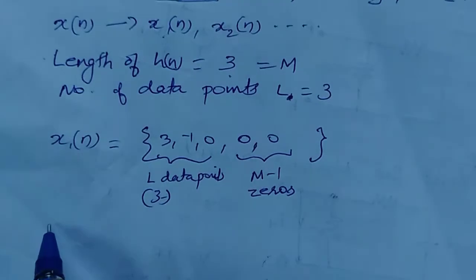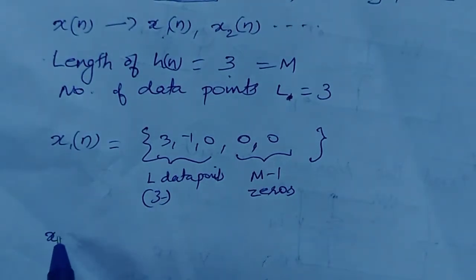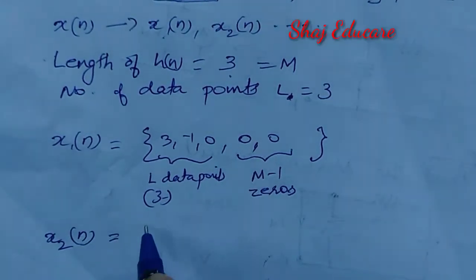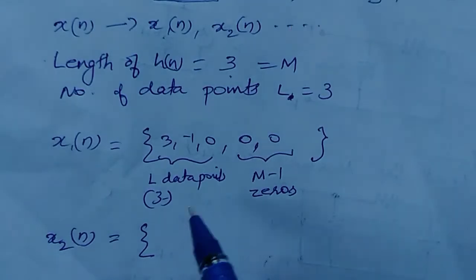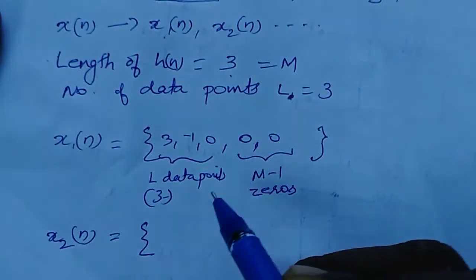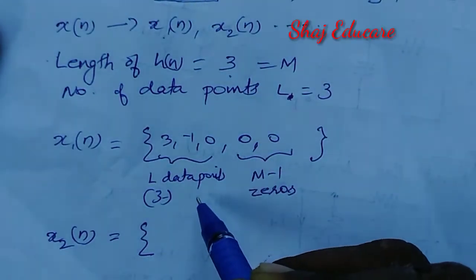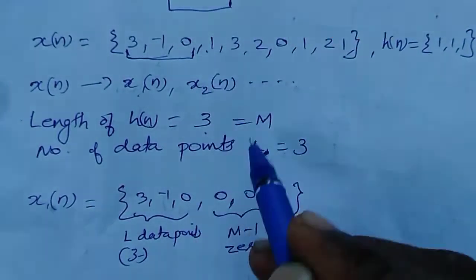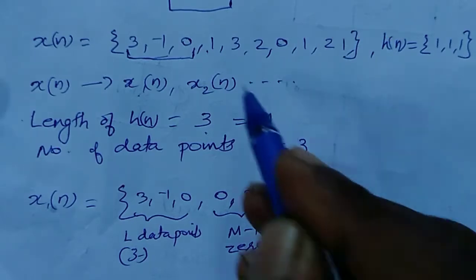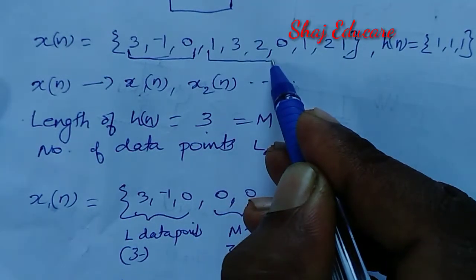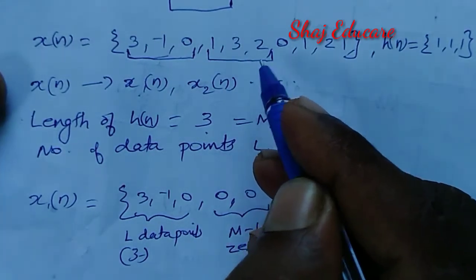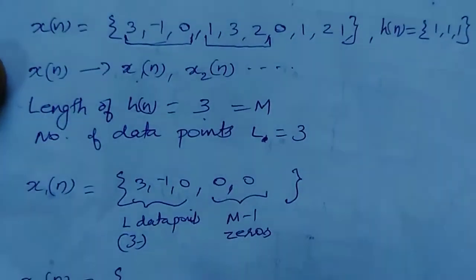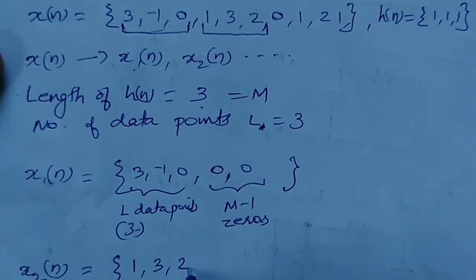Next, let us construct the data block x2 of n by choosing another L data points. L is 3, so we take the next 3 data points from the given signal x of n: 1, 3, 2.